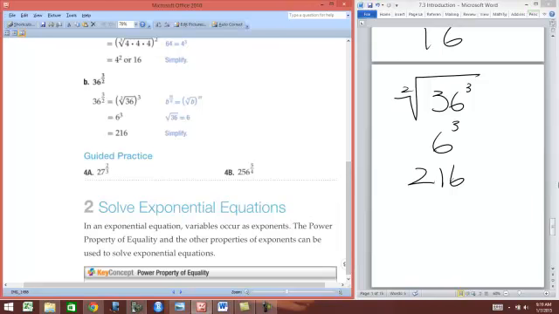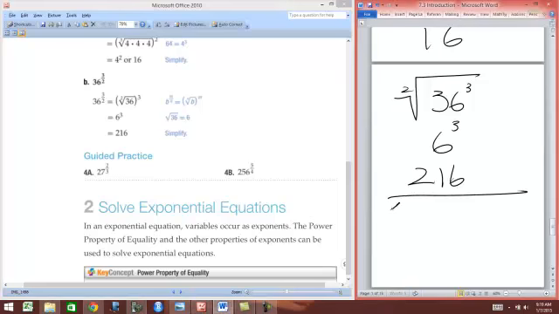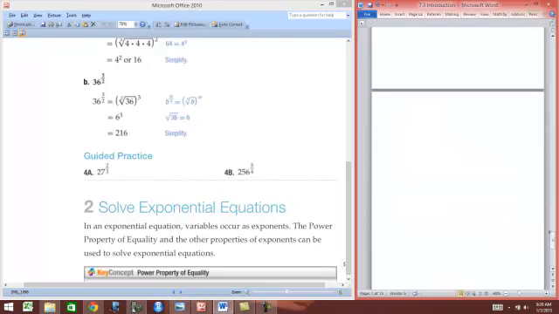All right, so let's do these GPs here. So we got 4A, 27, and let me go down to the next page. 4A. All right, 27 to the 2/3. We'll write it like this. The cube root, remember, the root is the denominator, 27 squared.